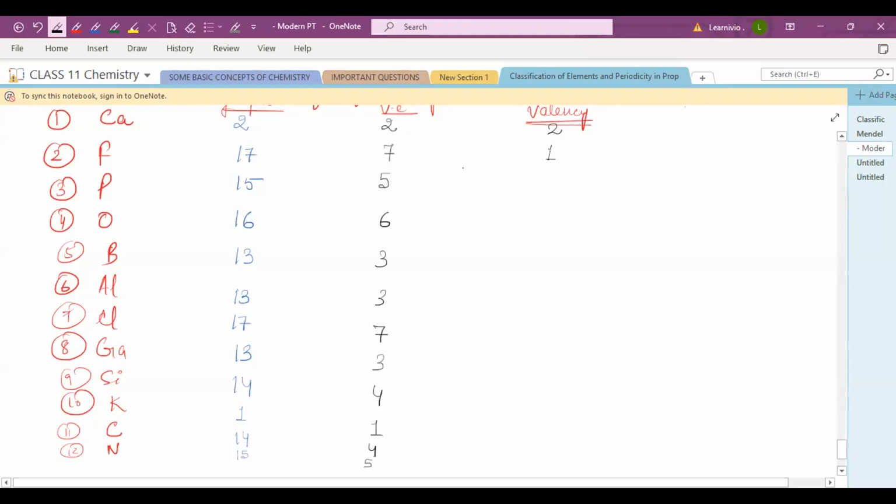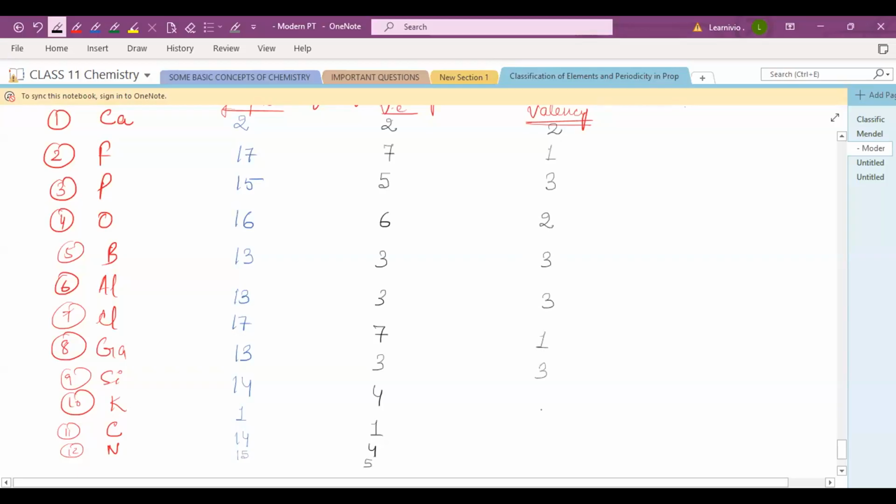Next, 2. For boron, 3. For chlorine, 1, very good.